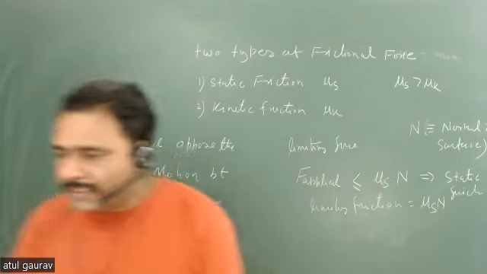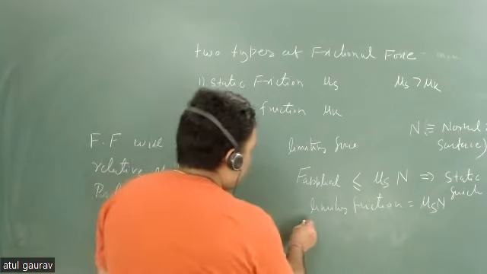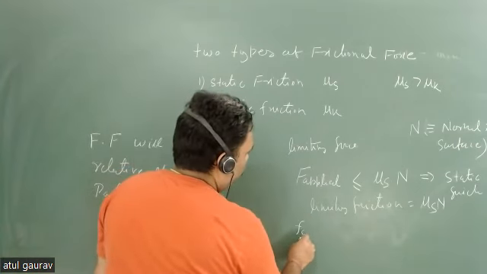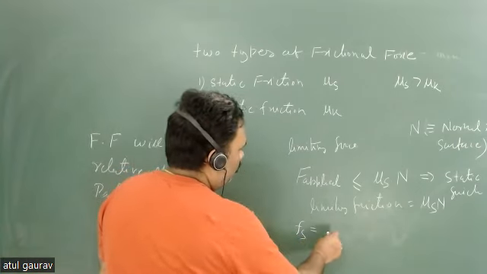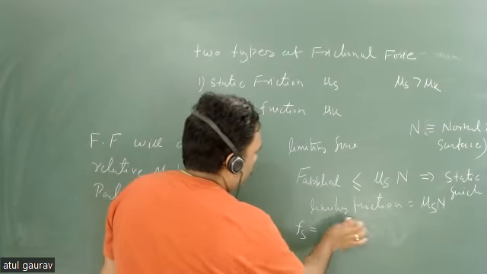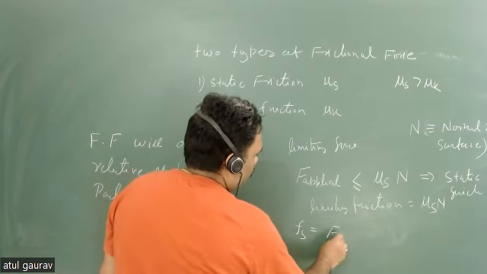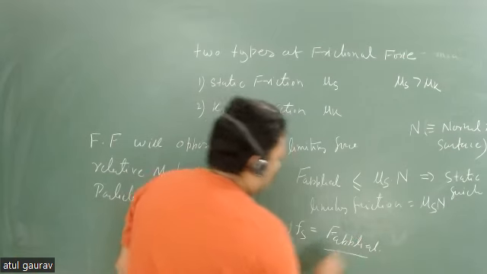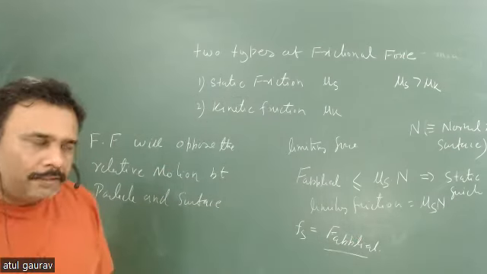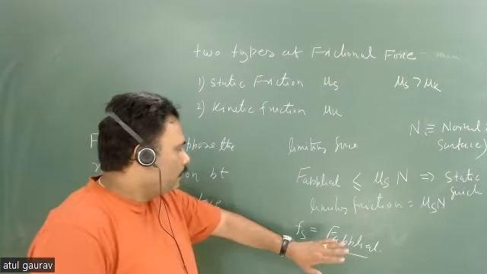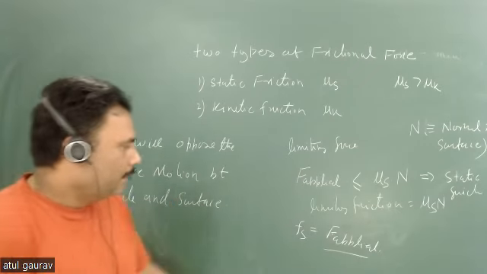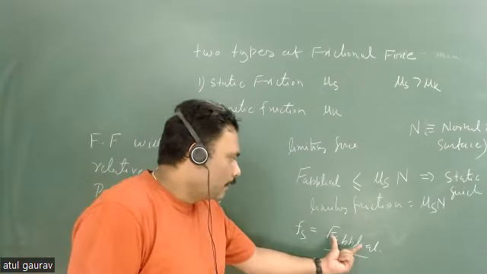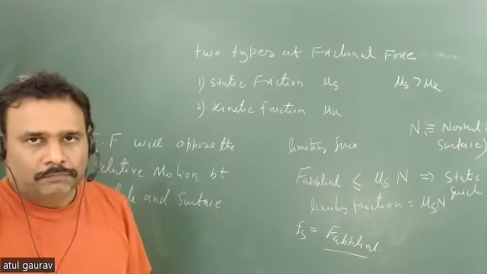If F applied is less than mu s N, then you will apply the static friction. And what is this static friction? The static friction is equal to the applied force. Are you getting my point? We will do a problem now, then you will understand better. Fs is all about the applied force.